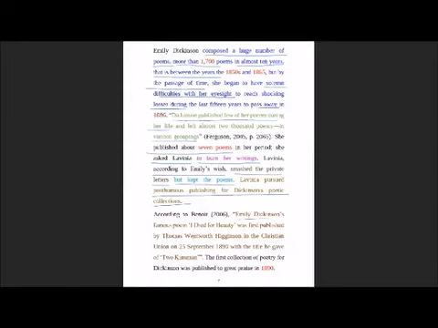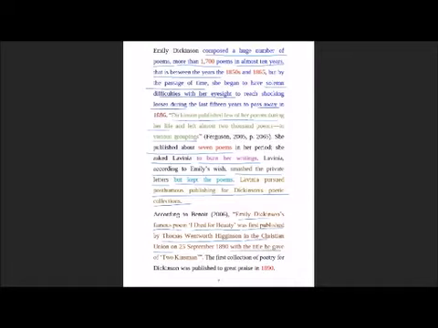Emily Dickinson's famous poem, I Died for Beauty. Now we are starting to get closer to our main target. I Died for Beauty was first published by Thomas Wentworth Higginson, as we mentioned, the editor of Emily, in the Christian Union on the 15th of September 1890.